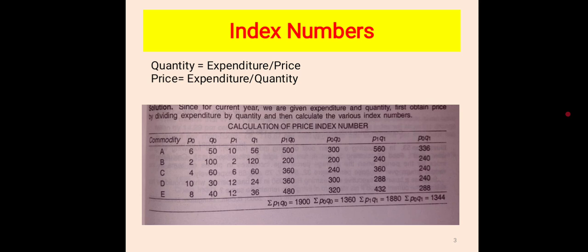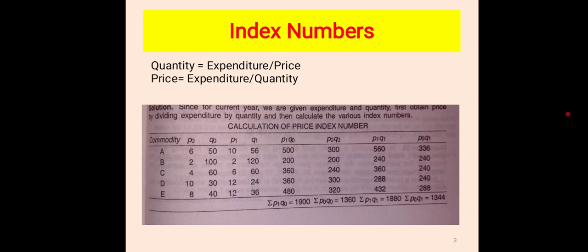The next we have calculated P0Q1, that means P0 into Q1. P0 of A is 6 and Q1 of A is 56. 6 into 56 is 336, 2 into 120 is 240, 4 into 60 is 240, 10 into 24 is 240, 8 into 36 is 288. So these are the values.